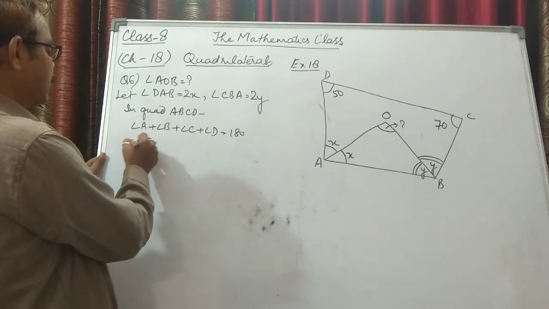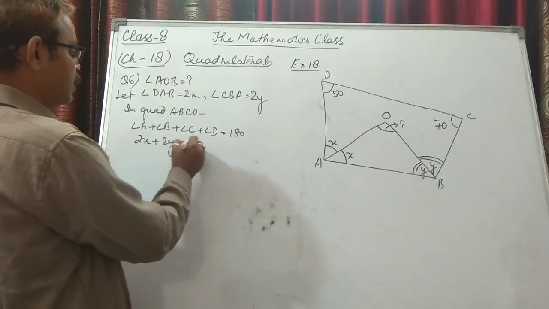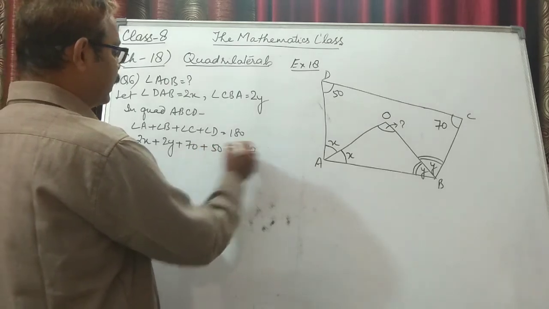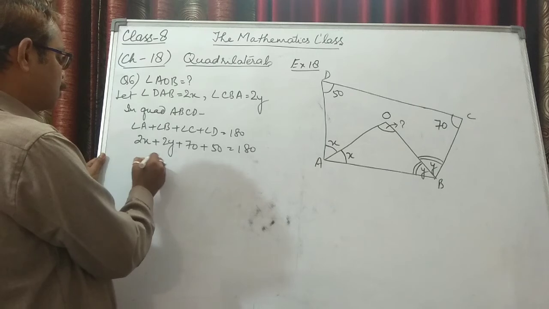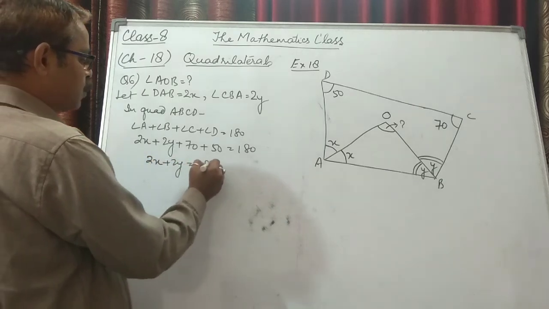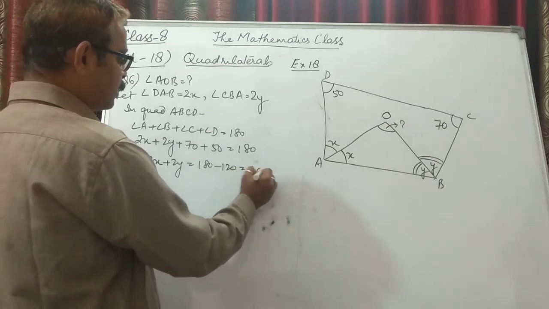Angle A is 2 times x, angle B is 2 times y, angle C is given 70 degree, angle D is given 50 degree, is equal to 180. 70 and 50 is 120. So 2x plus 2y is equal to 180 minus 120. I am writing directly. That becomes 60.